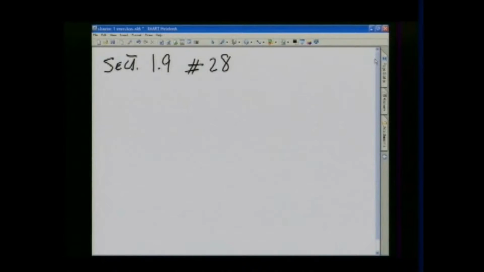And number 28 is (2x minus 1) over (x plus 2) less than or equal to 4.